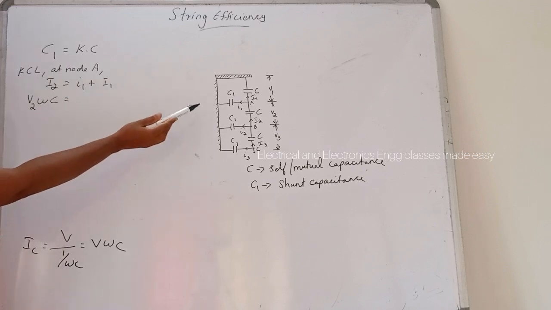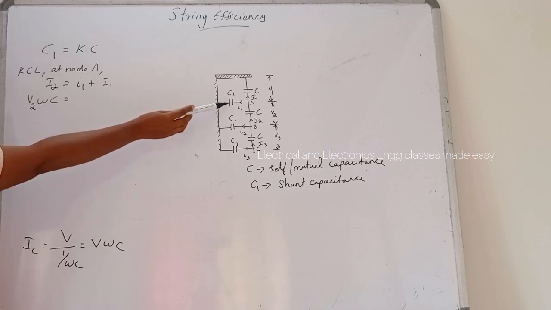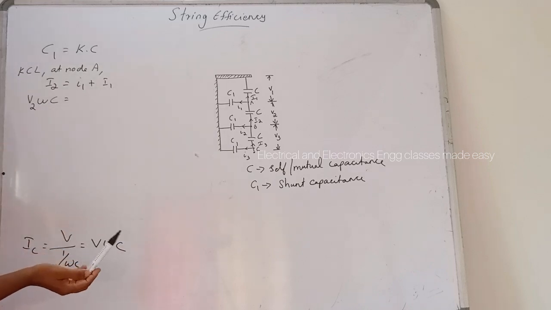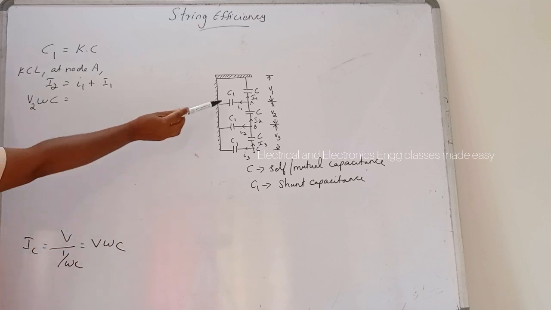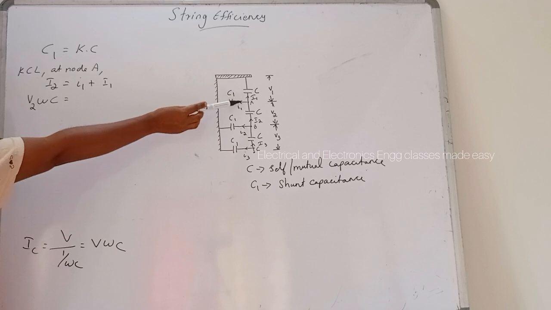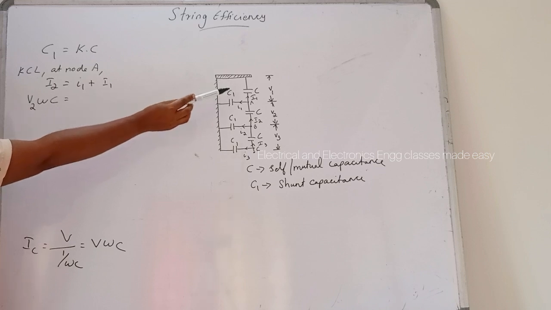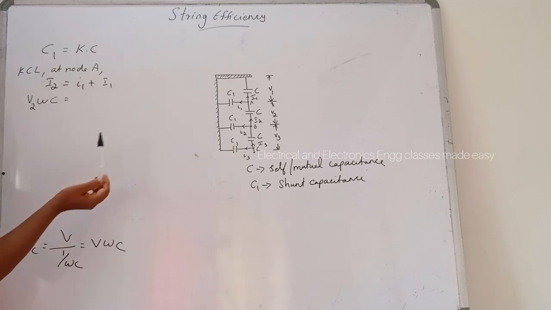What is small i1? The voltage across the shunt capacitance C1 here will be V1, because it is the same as the voltage across that self capacitance.